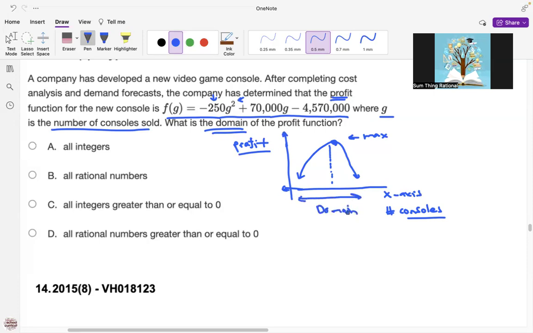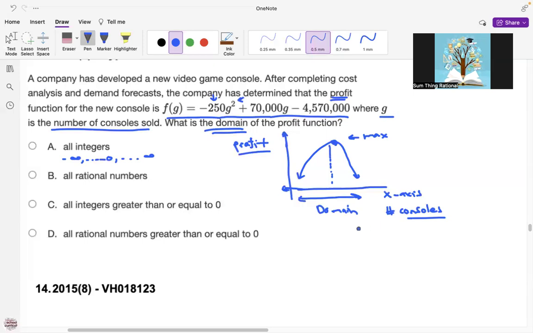So let's dive into the options. All integers. Is it possible? All integers means negative, starting from negative infinity till 0, and continuing till positive infinity, like 1, 2, 3, 4, 5, or negative 1. So all integers is not possible, because we are talking about the number of consoles.